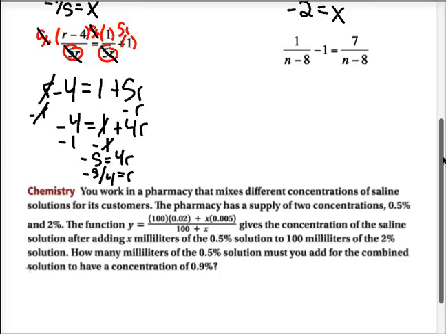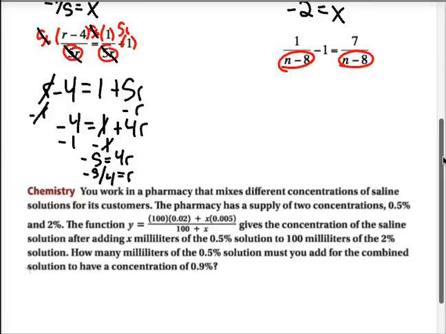All right, now, so far we've only been working with monomial things in the denominator. I want you to keep in mind that you can also multiply by binomial expressions. So look at the next one, where it has those n minus 8s in the denominators.